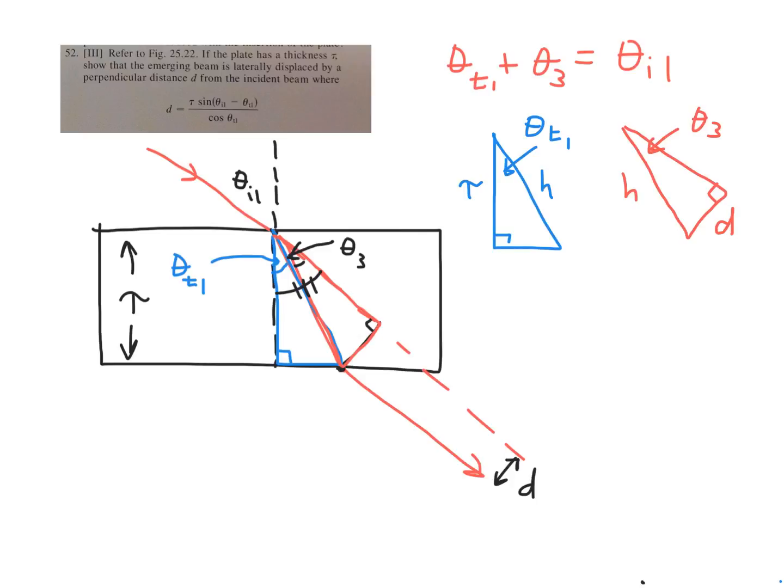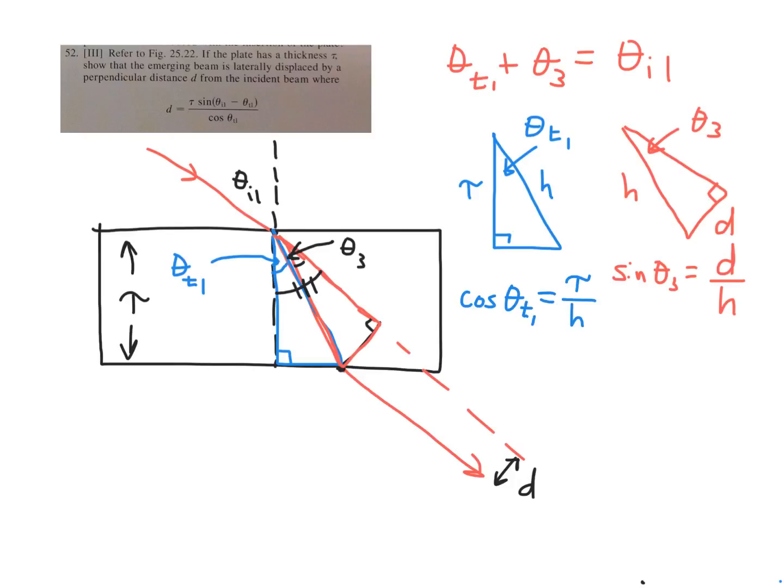All right, now let's start using some trig here and see if we can make this work out. If I look at that red triangle I just drew, the sine of theta 3 is the opposite leg D over H. And now looking at the blue triangle, the cosine of theta T sub 1 is equal to tau over H. So now you might see where this is going.